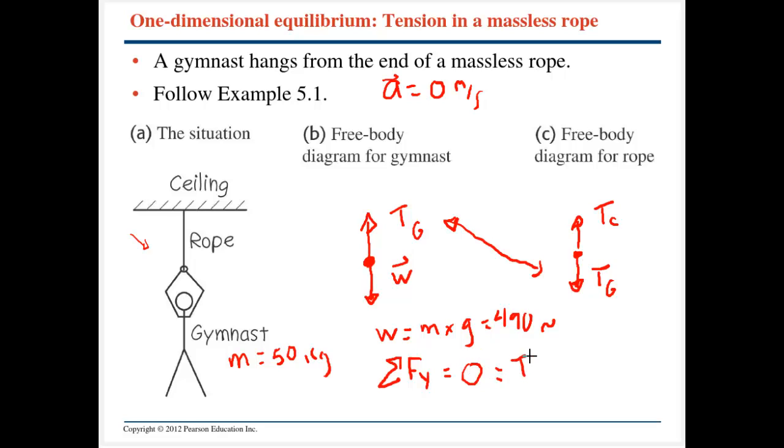That's going to be the tension due to the gymnast upwards, and the weight in the downwards direction. So we can say that the tension due to the gymnast is equal to the weight, which is equal to 490 newtons. We can do the same thing over here and find out that the tension that is applied to the ceiling is also 490 newtons.